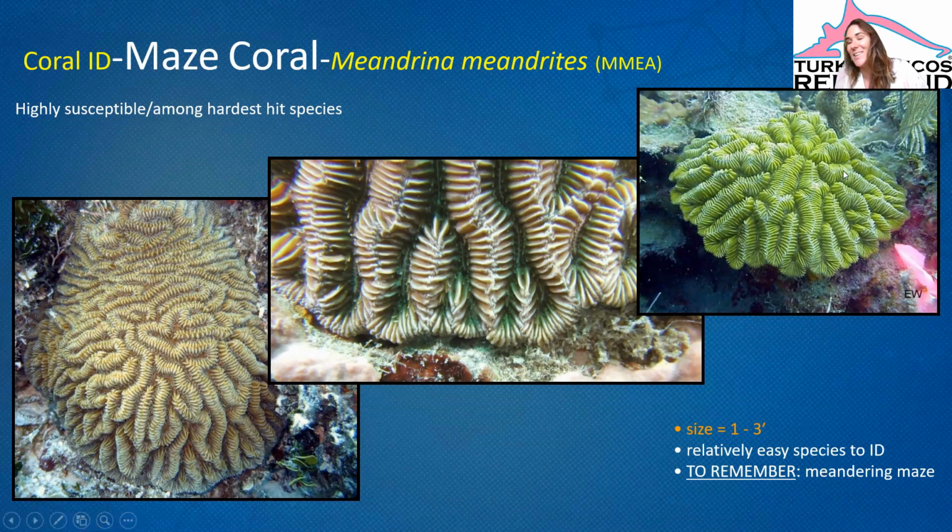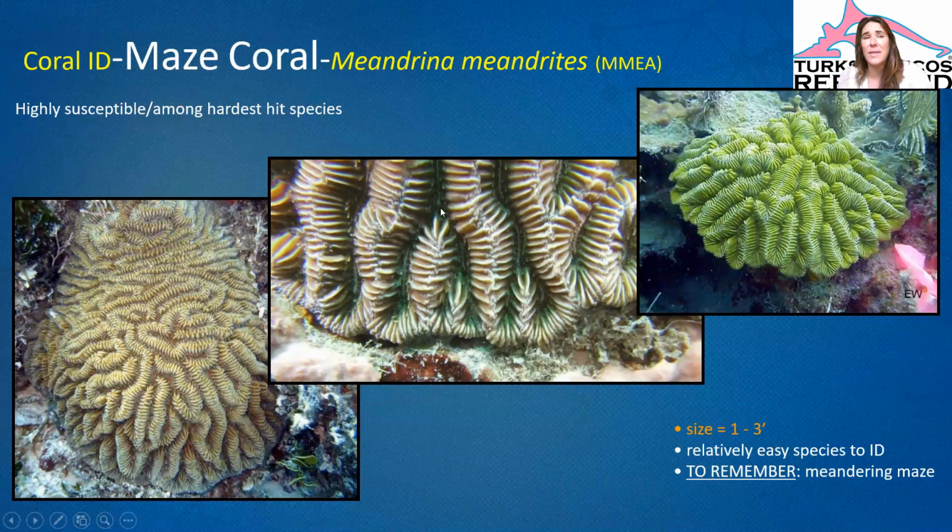Meandering maize is a little reference you can remember, but it's a relatively easy species to identify once you see it. Some people do first see it as a brain coral because it has a meandroid morphology, but it is separate. And again, the very sharp septa and deep grooves are an easy way to recognize it.